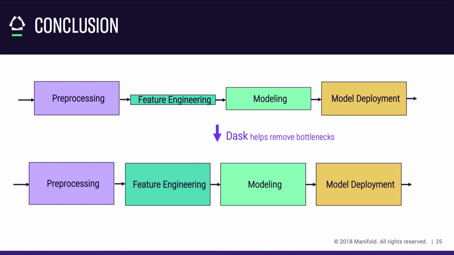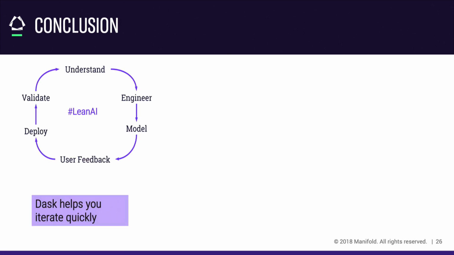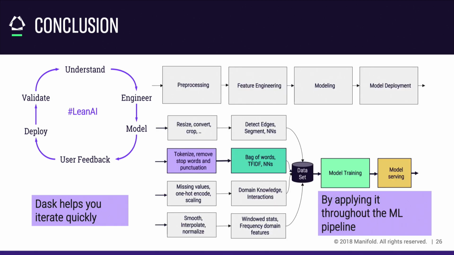In some cases, you can almost anticipate where the bottlenecks are going to be and address them. In some cases, you can react as you learn about them. And that goes back to the quick iteration cycle through the process we described earlier, which is this.